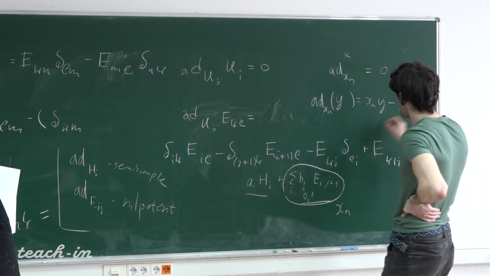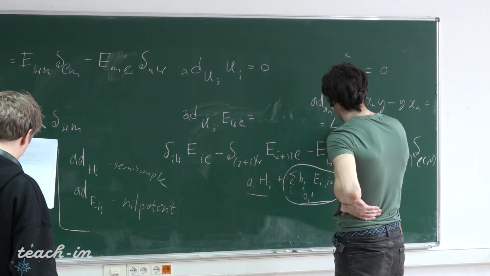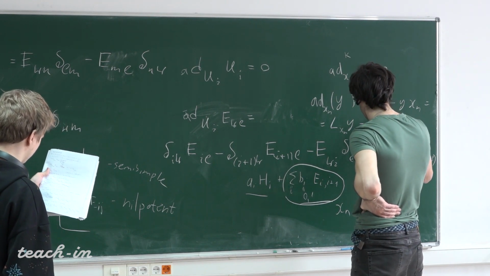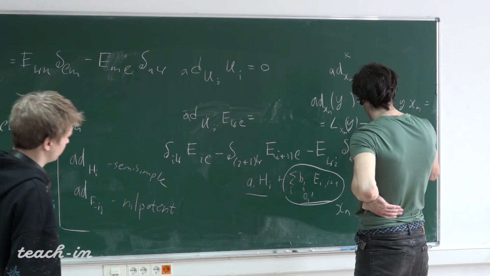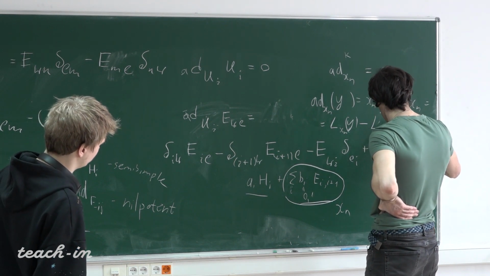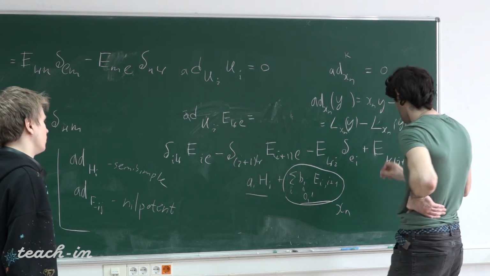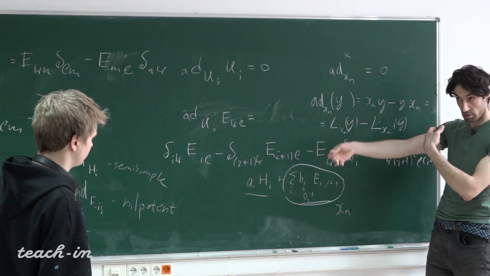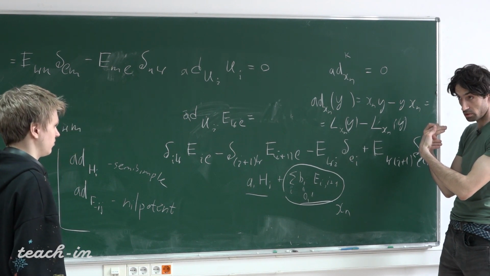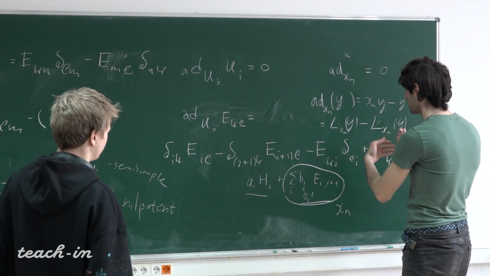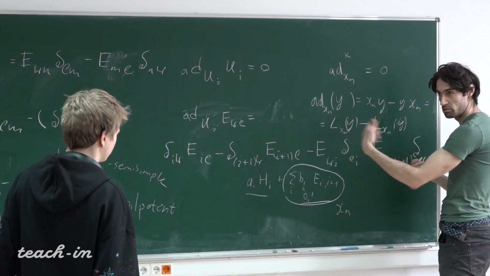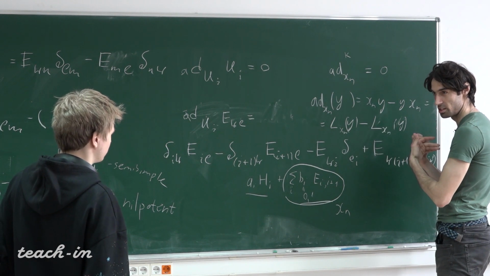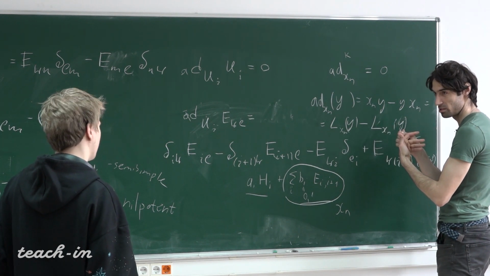So this is L_xn, some operator like this, applied to y, minus multiplication from the right applied to y. These two commute, multiplication from the left and multiplication from the right commute, right? And also, since xn is nilpotent, if you multiply from the left a sufficient number of times, it is 0. And from the right, it is also 0.